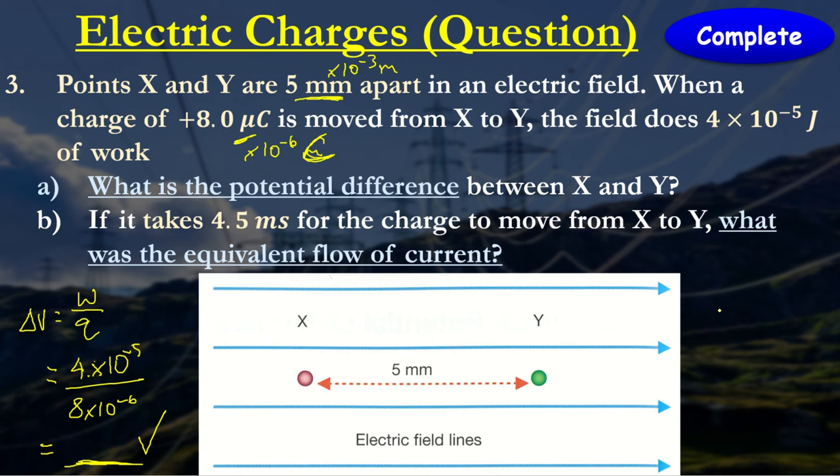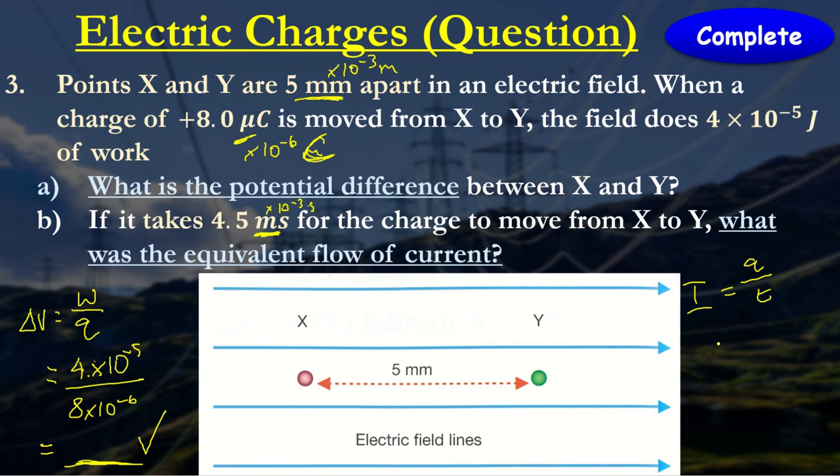The next thing we have is the equivalent current flow. So current is charge divided by time. That was talked about in the previous lesson recordings. This here says 4.5 ms. Now this m here is actually milliseconds, so it's 10 to the minus 3 seconds.